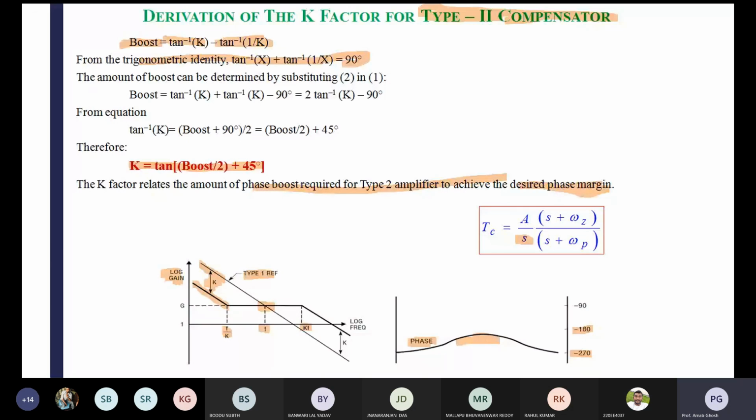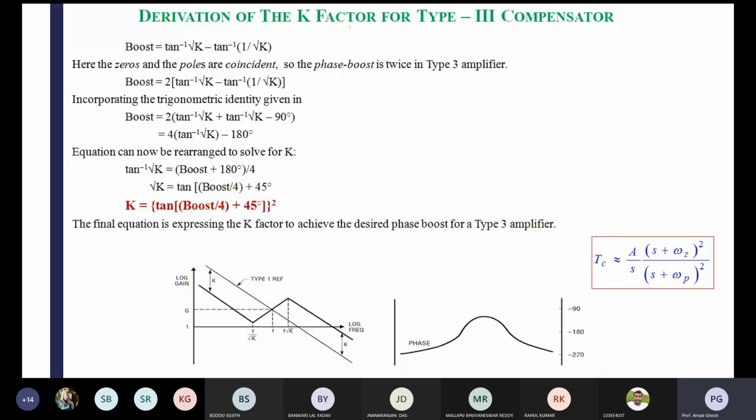After that, we can go to the derivation of the K factor approach for the type 3 compensator. The type 2 compensator is one pole at origin and one lead controller cascaded with the integral controller. In the type 3 compensator, two lead controllers are there.